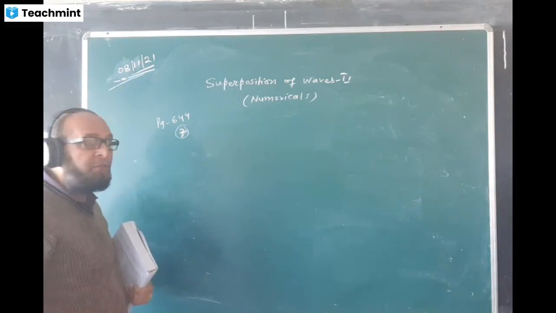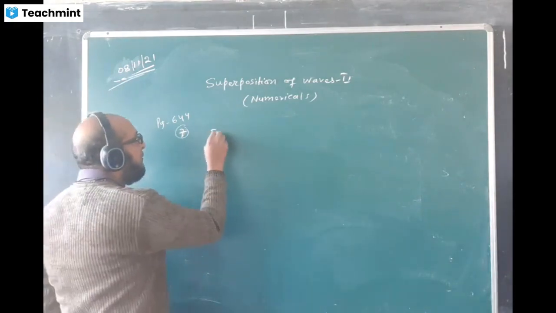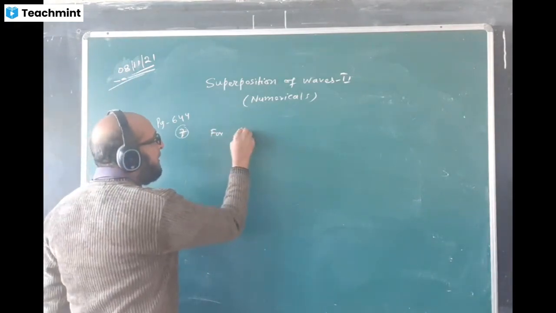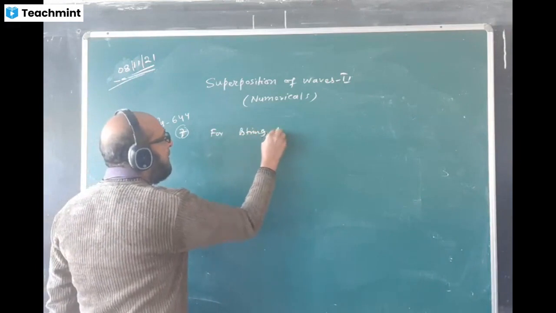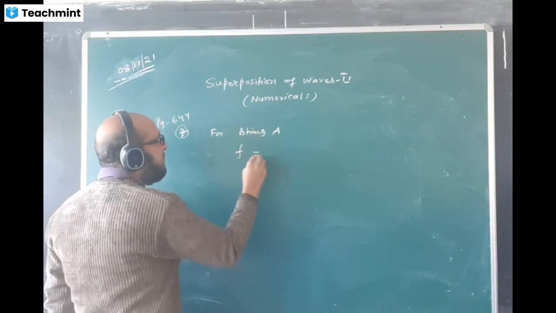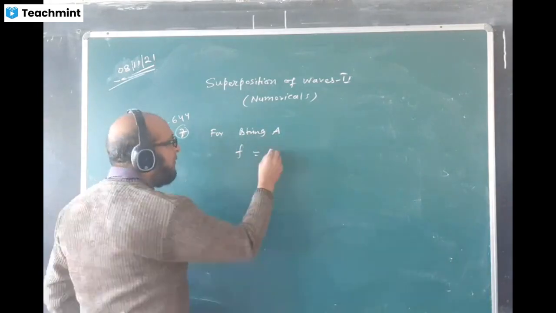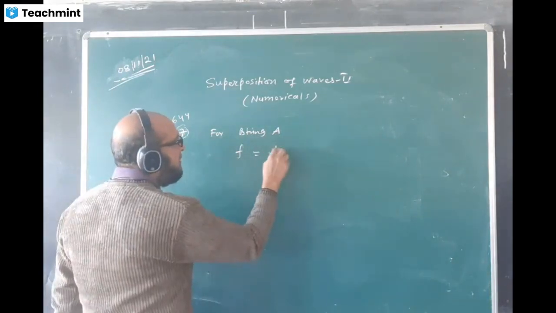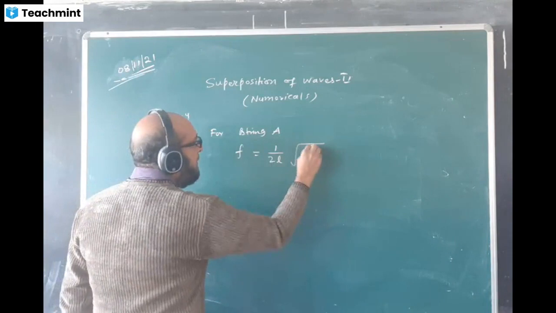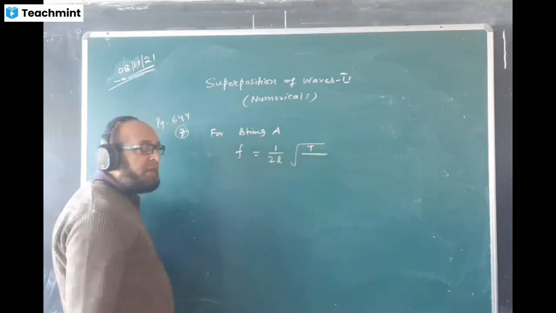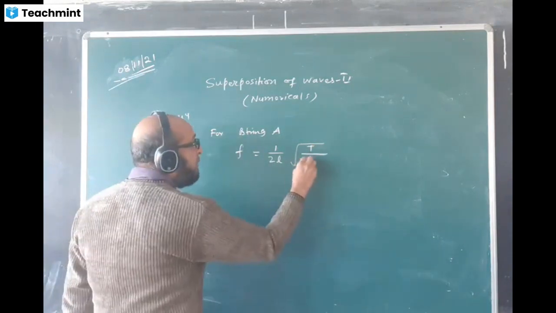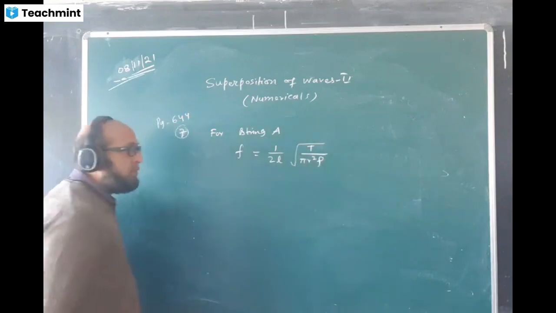So which overtone you have to find? For string A, I use the formula F is equal to 1 by 2L root of T by pi r square rho. Why? Because T, diameter and density are given. So I'll use the formula which I derived just now. This formula I will use.